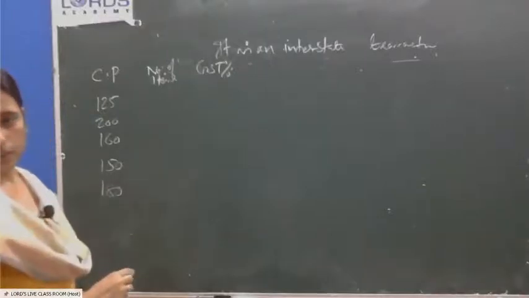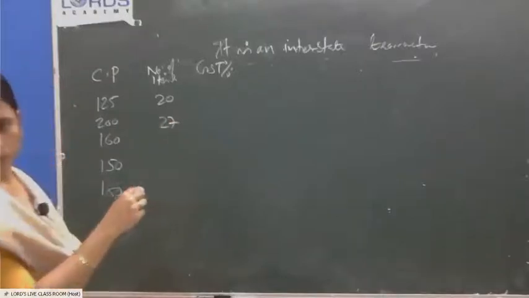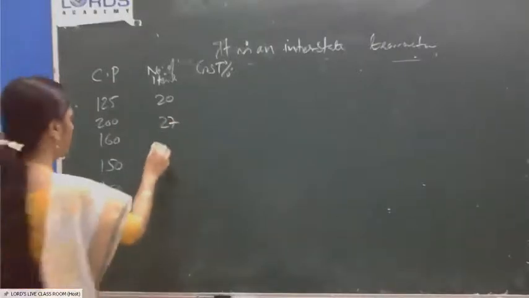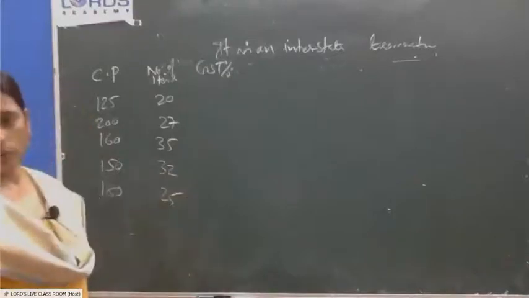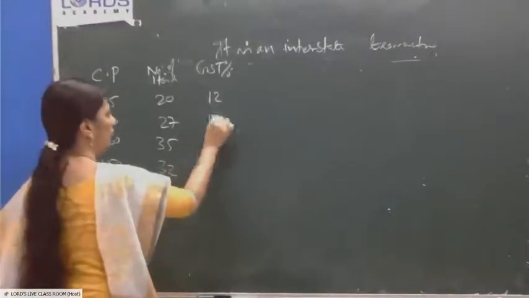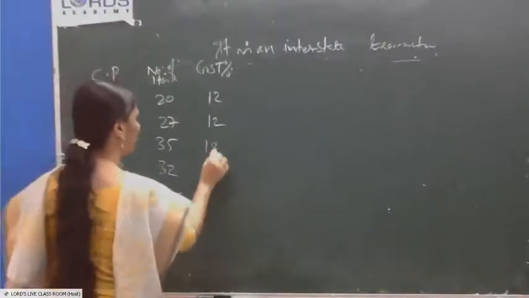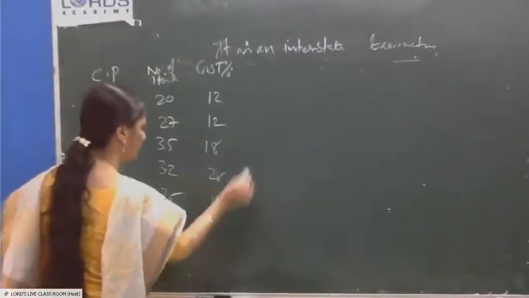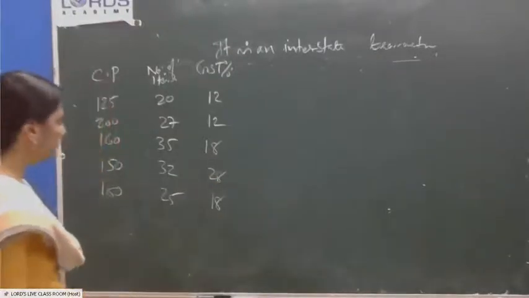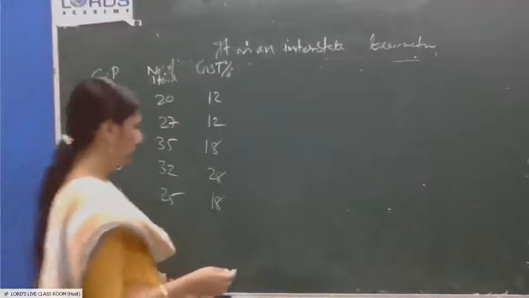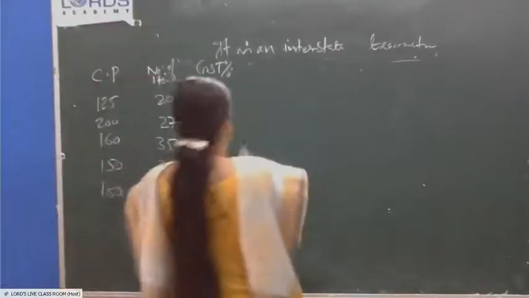And number of items 20, 27, 35, 32, 25. Now GST percentage 12, 18, 28, 18. Okay. Next column, it is an interstate, no? No, intrastate.